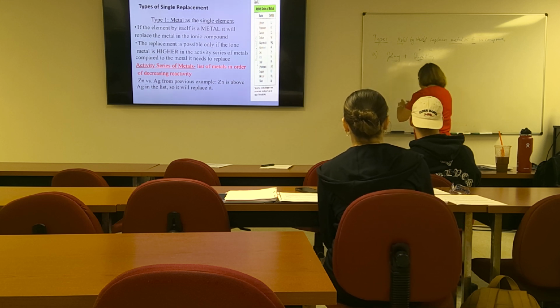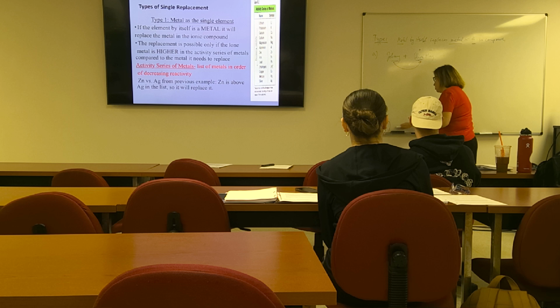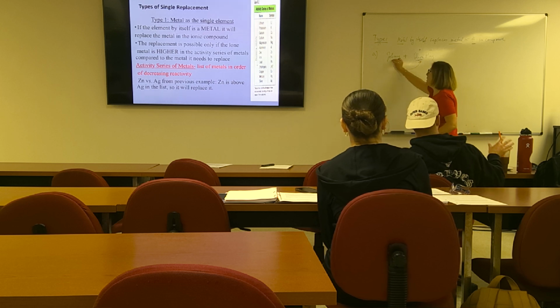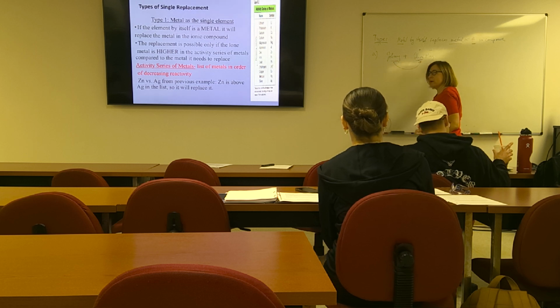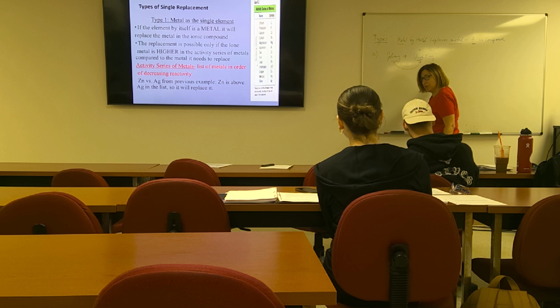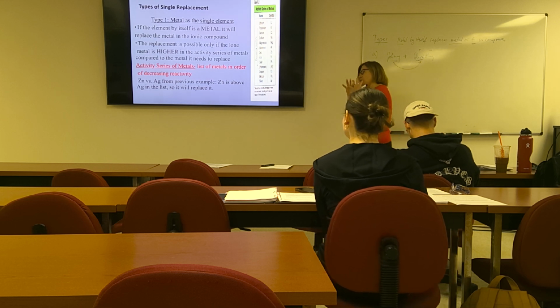Now, what happens is that Johnny wants to dance with Mary. So he wants to kick Oliver to the side. Now, this is going to happen only if Johnny is stronger or richer or more handsome than Oliver, because Mary is shallow. Good? So how are we going to look at that?